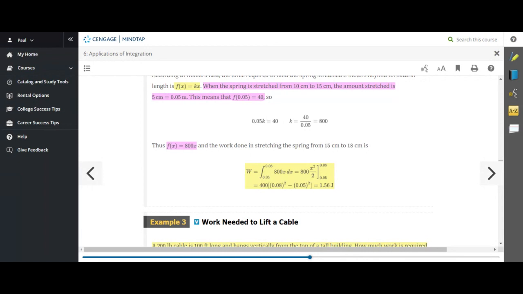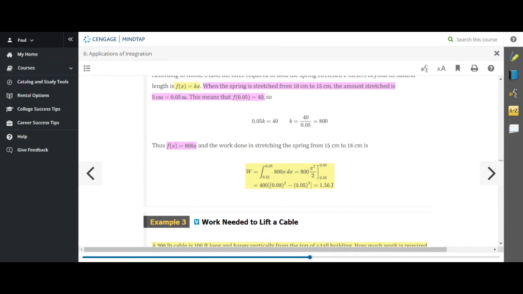The work is the integral of 800x dx, where your limits are 0.05 to 0.08. We start out with the spring stretched 0.05 meters, or 15 centimeters, and then it's stretched to 18 centimeters, which is 0.08 meters away from its natural length.